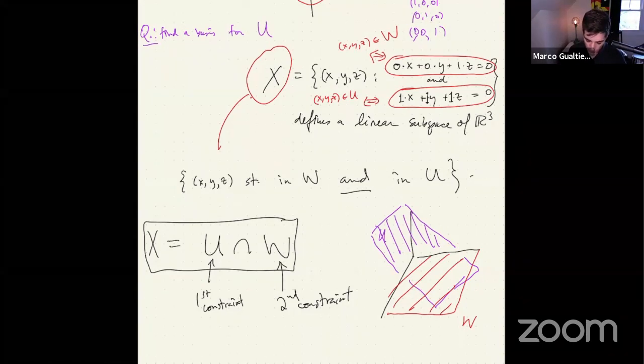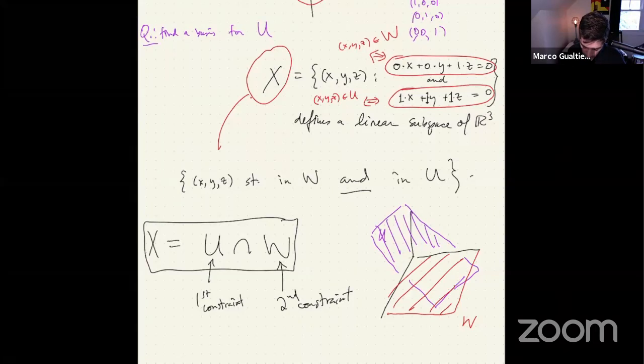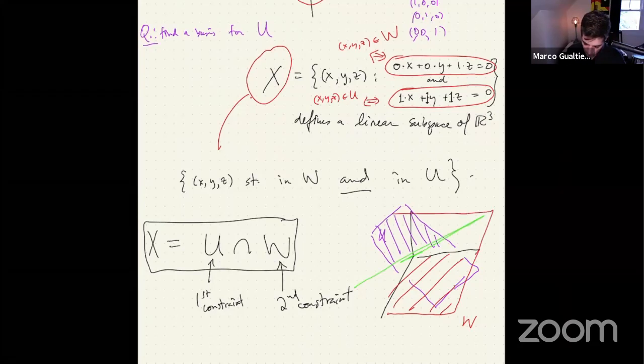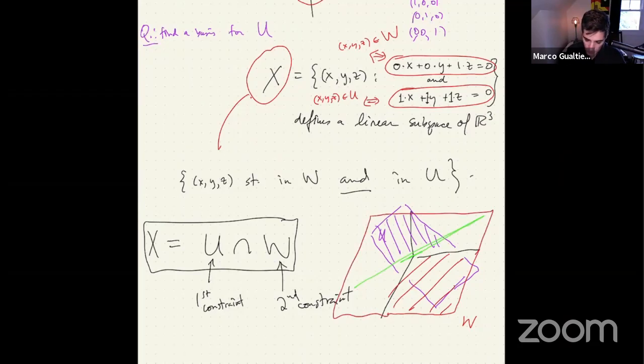The way it will look is exactly like this. Inside here, you'll have a subspace, which is a line. And this here is X. So we have two planes which are intersecting in a line.